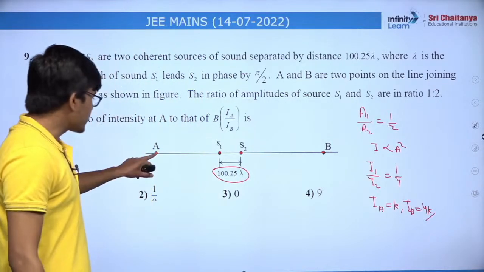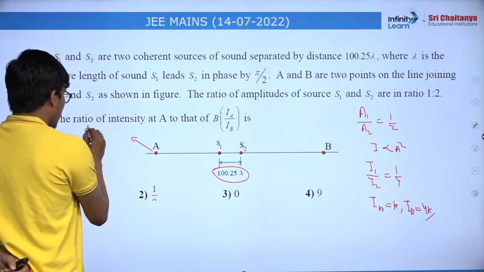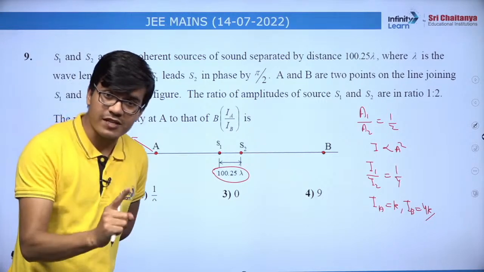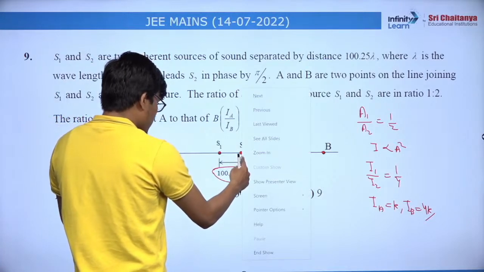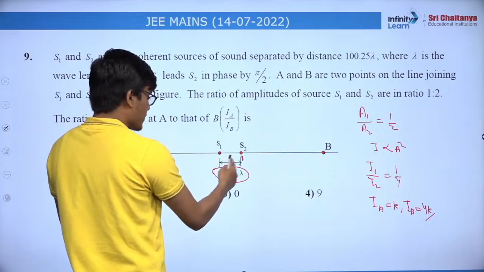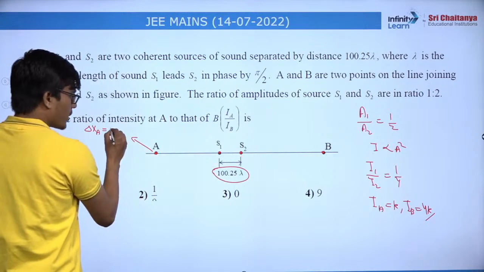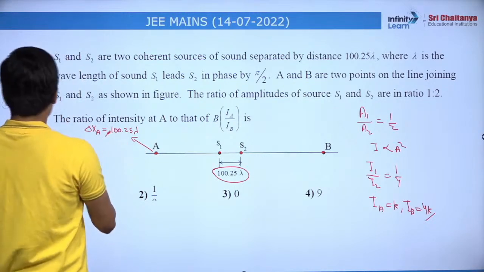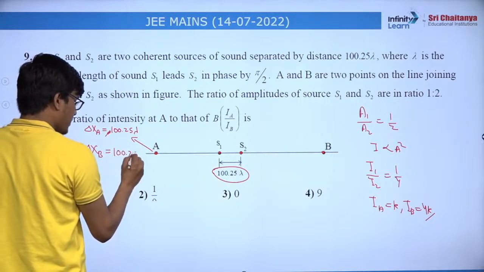Now I want the intensity at point A. So if I want the intensity at this point, I need to calculate the path difference at A. S2 has to travel this much distance, and S1 has to travel this much distance. So this minus this will be only this. So whether I go for A or whether I go for B, the path difference will be the same.